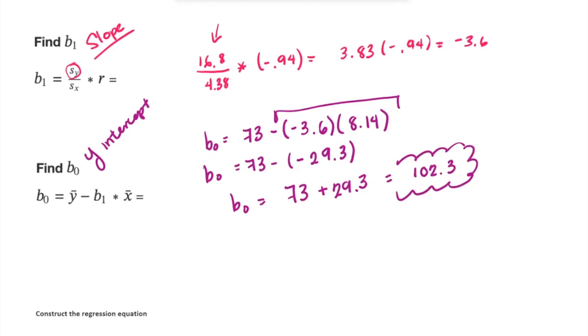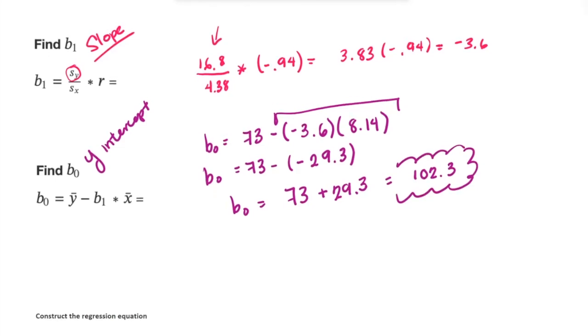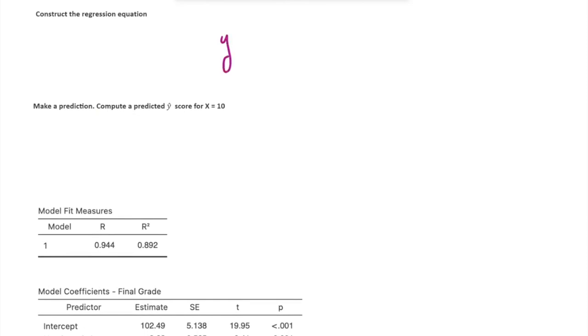Let's do the regression equation next. For the regression equation, we need y hat, and that's going to be 102.3, the intercept, minus 3.6 times x. It's usually x, but you can also write it like this, absences, because in this case x is representing the variable absences.